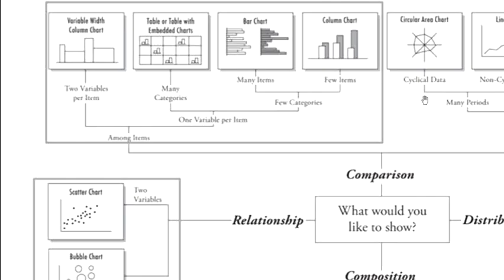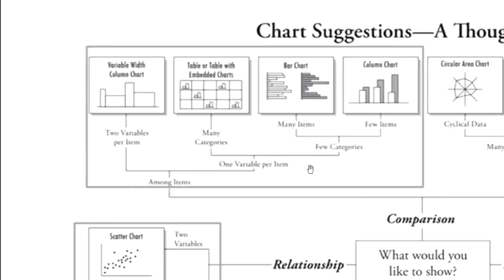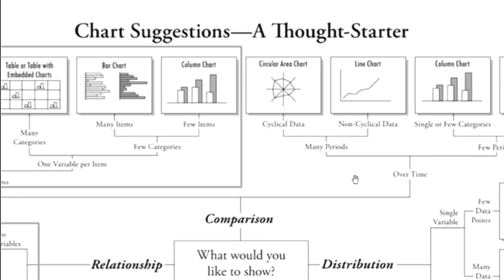Then for comparative analysis, we have a whole range of visualizations again, such as bar charts, column charts, table or table with embedded charts. All of these represent multiple items, but column charts are more suited to few items rather than many. If you've got two items or two variables per item, you can use the column charts in those scenarios.